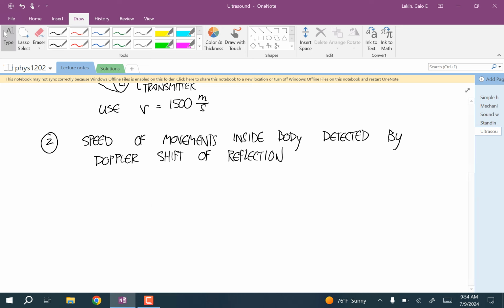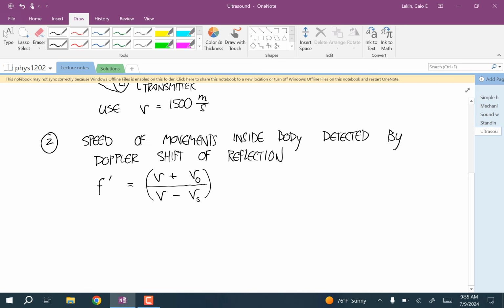So we know that the formula for the Doppler shift is that the received frequency of a signal is equal to the speed of sound in the material plus the speed of the observer coming towards, and this would be negative if the observer is going towards the source, divided by the speed of sound in the material minus the speed of the source, and that's the source moving toward the observer.